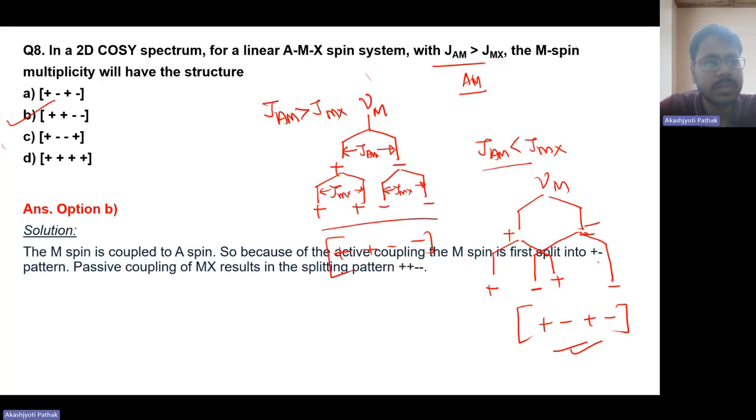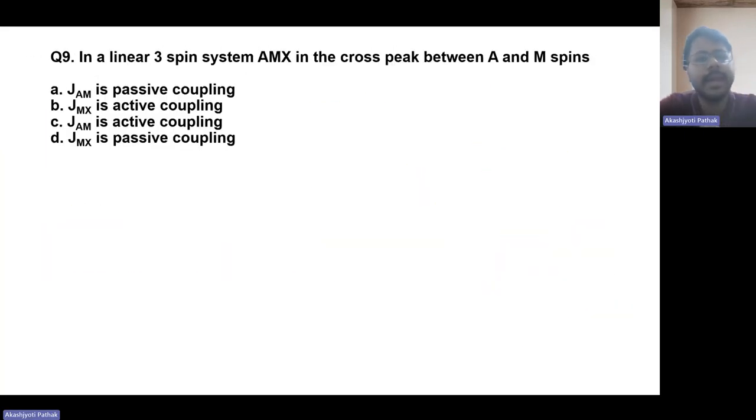Now, this was question number 8. Moving to question number 9: in a linear three-spin system AMX, the cross peak between A and M spin. So you are considering the cross peak between A and M spin. What would it mean? Is JAM passive coupling and JMX active coupling, or JAM active coupling and JMX passive coupling?